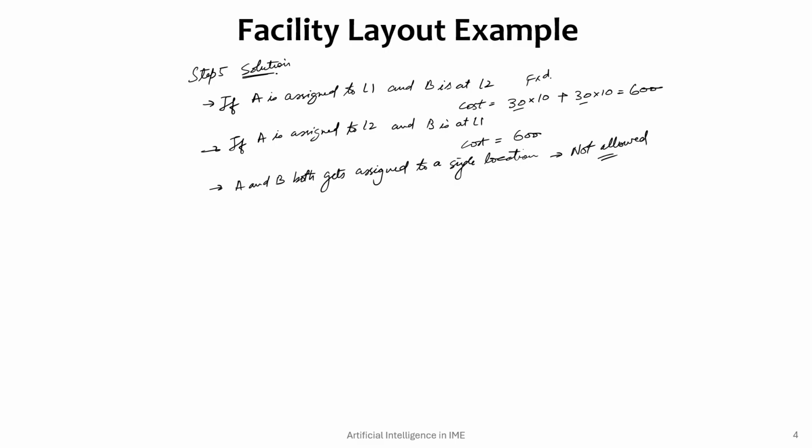So, in this example we have defined an objective, which was to minimize cost. Since both of these costs are similar, any of the possible solutions is an optimal solution. But let us say in your second solution, instead of 600 it was 500, then out of these two solutions you will choose this one, because 500 is less than 600.